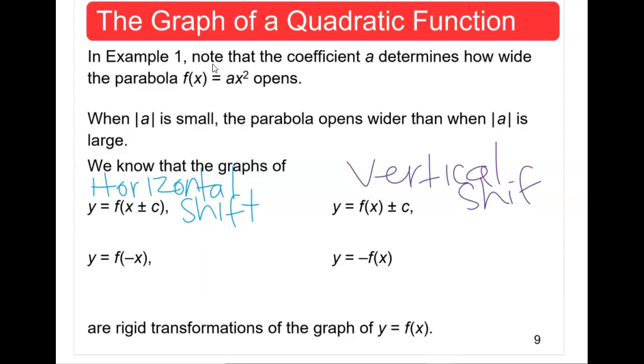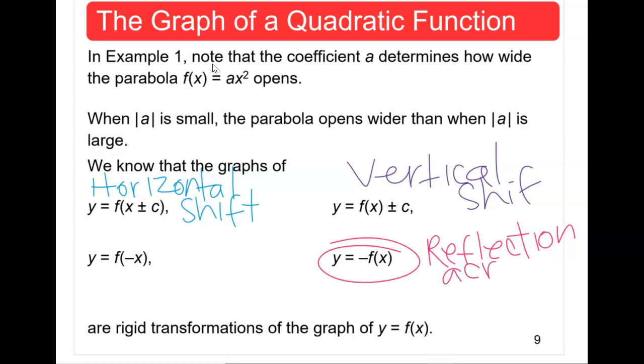And then we have the two types of reflections. Right here, this one is going to be the reflection across the x-axis. In other words, when the leading coefficient is negative, less than 0.